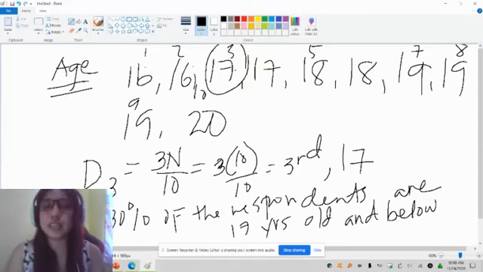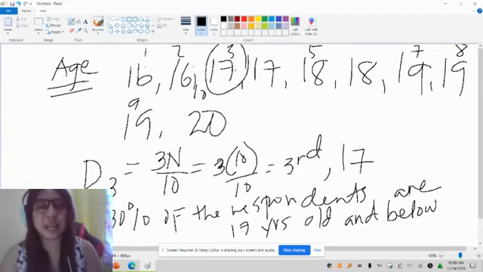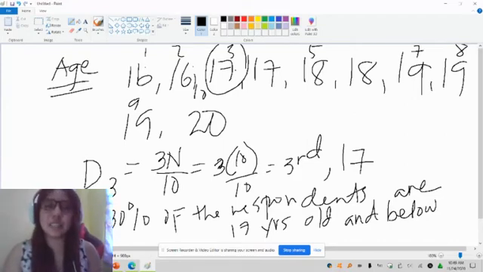As you can see here, since we have 10 data, it means that D sub 1 is the first data, D sub 2 is the second data, D sub 3 is the third data, D sub 4 is the fourth data.